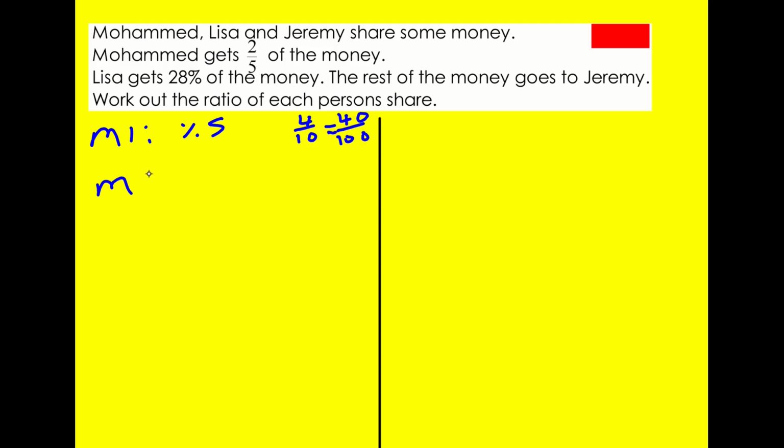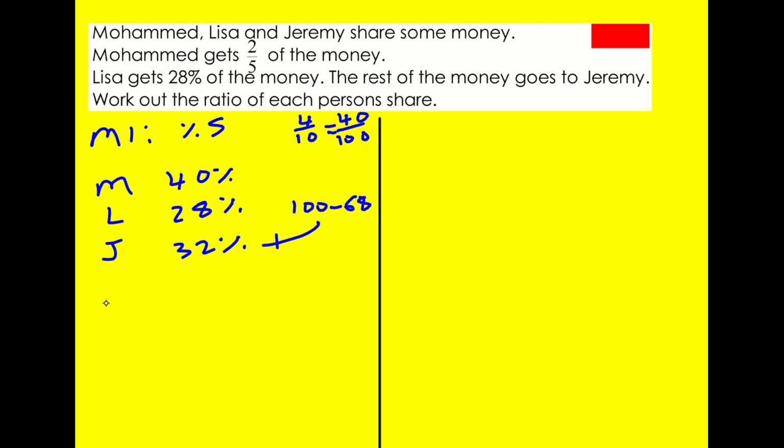So Mo gets 40%. You could, of course, do 2 divided by 5 is 0.4, times that by 100 and get 40% that way. Lisa gets 28%, and therefore Jeremy is going to get, we add them together, 68, so it's 100 minus 68. Jeremy's going to get 32%.